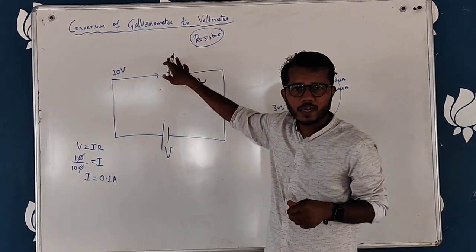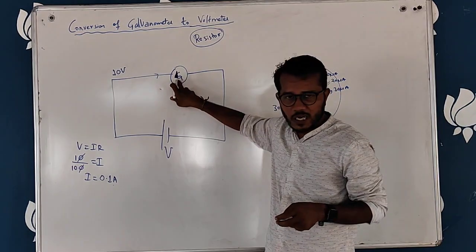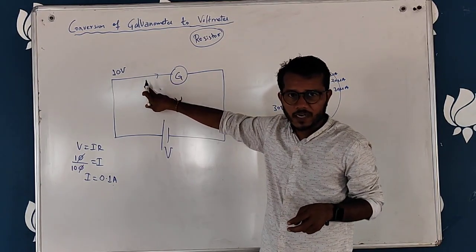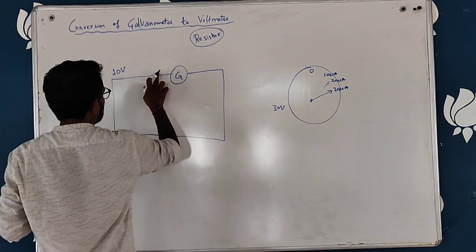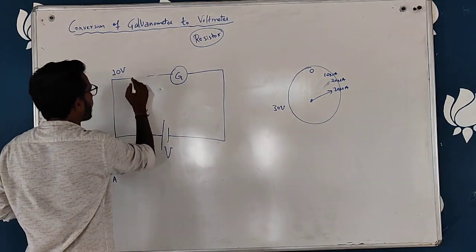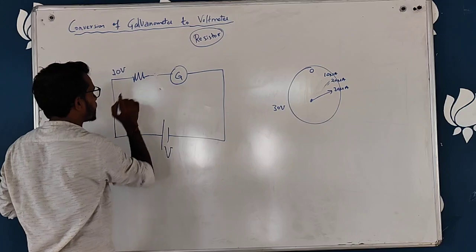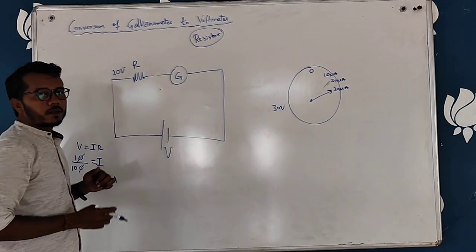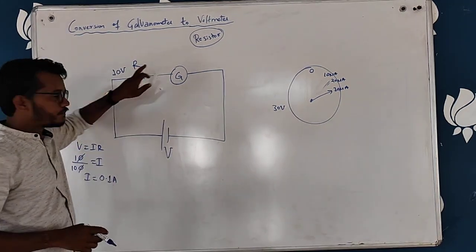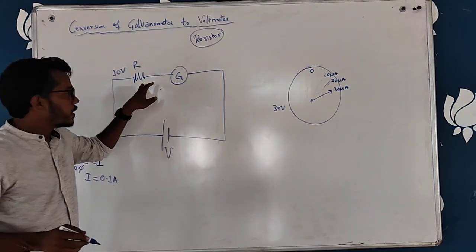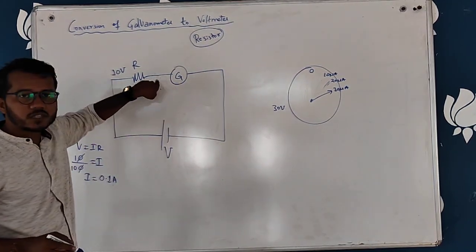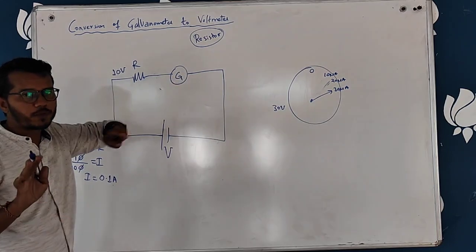Whether we connect it in parallel to this galvanometer, or we have to connect it in a series connection. First, we will try the series connection. If I have connected a resistance here, then whatever current flows through this series connection will be the same.